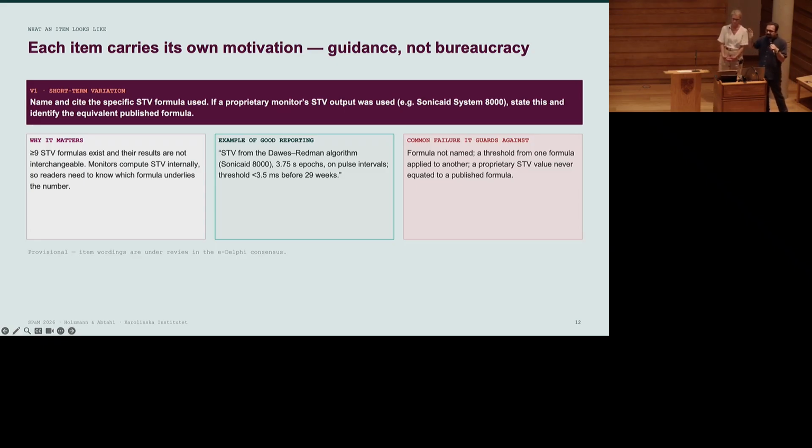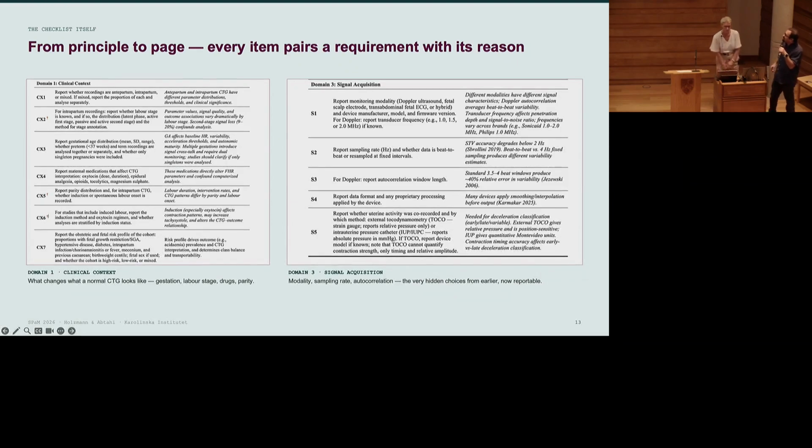So this is maybe too ambitious, but maybe it's possible. We will see where we can get. Here is one example of some items in 2 domains from our draft of round 0. You can see that there will be a description, what should be reported, and maybe the motivation or how it should be reported as well.